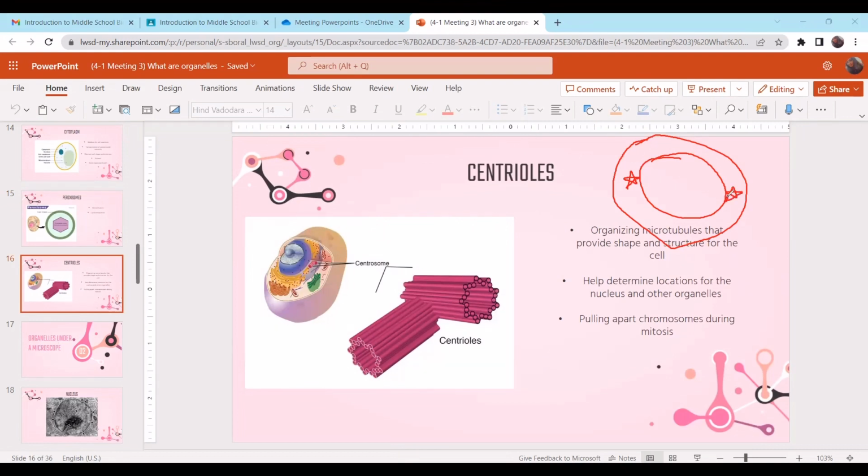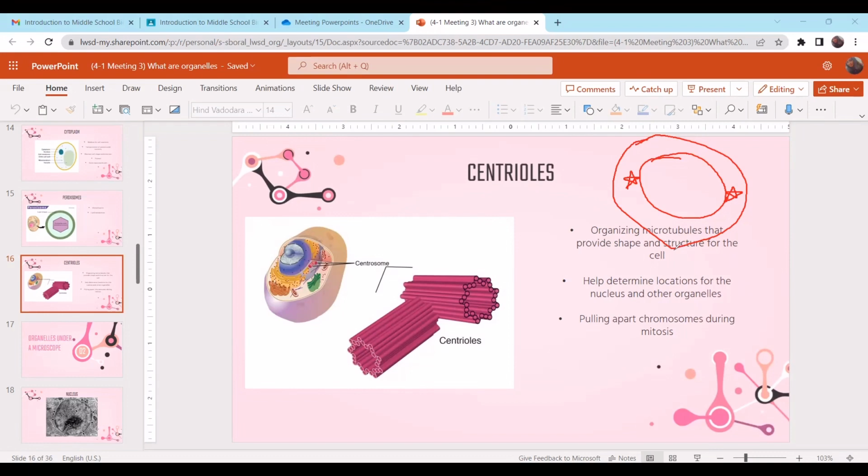Think of them as like North and South Pole. They organize microtubules, which are in the cell wall. There are microtubules, which are extra protection for the cell. So they organize them.